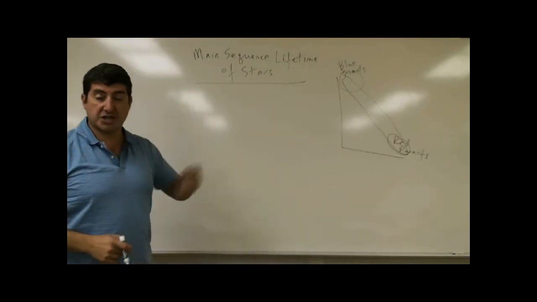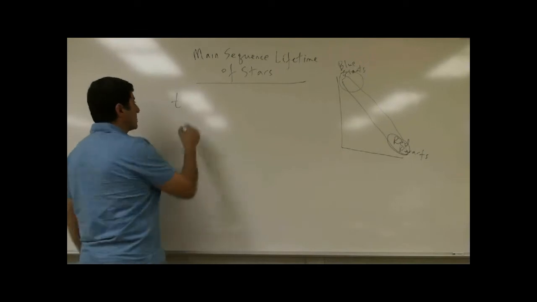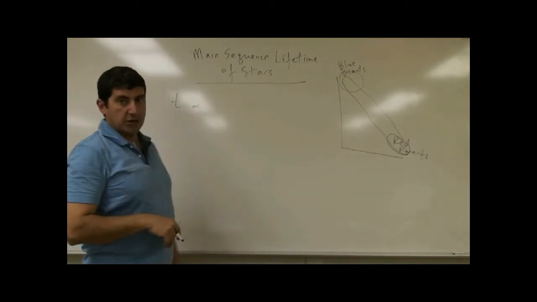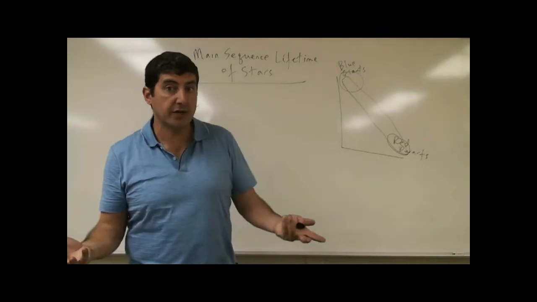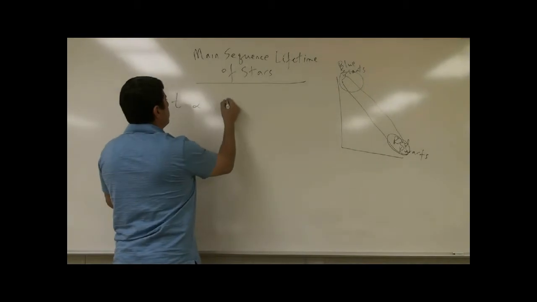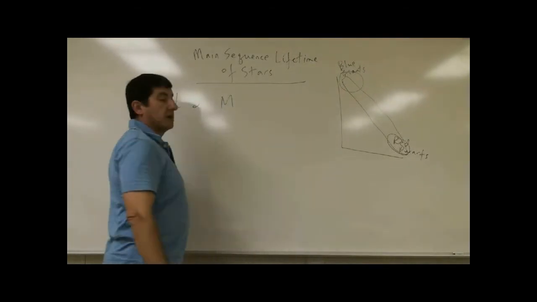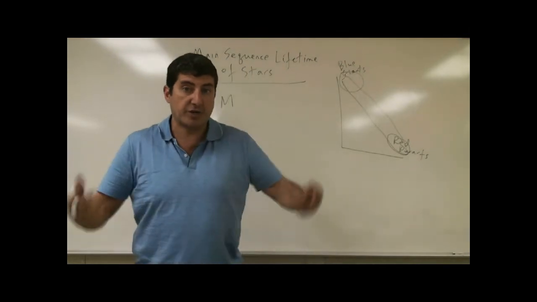So now we're going to discuss the equation for that. The lifetime of a star on the main sequence is proportional to what? Well, the more mass a star has, the longer it should live, right? Because it just has more mass. So the lifetime of a star should be proportional to its mass. However, if it has a lot of mass, it will also burn up very quickly.